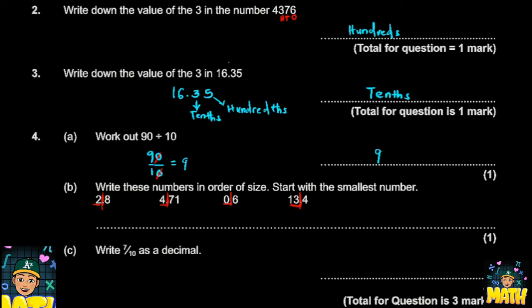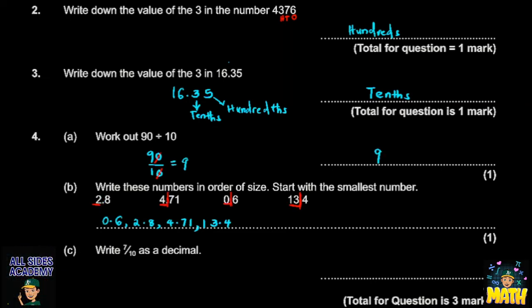So we can state which one is the smallest: 0, which means 0.6, then 2.8, then 4.71, and then we'll follow by 13.4. Fantastic, and that is as simple as that. I'm going to wrap that so that our work remains neat.